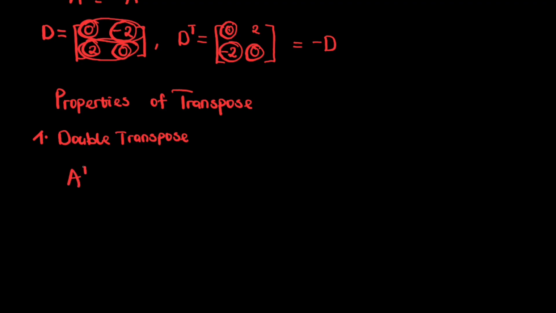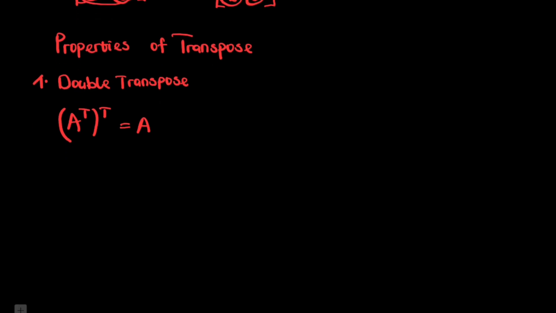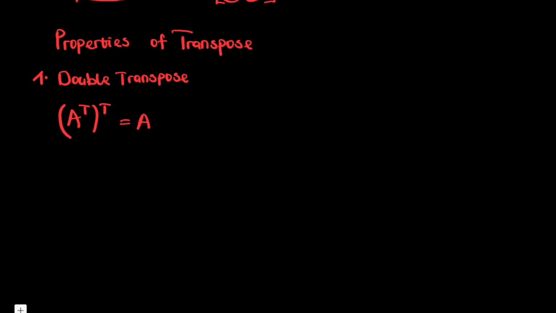If you take the transpose of a matrix and you take the transpose of that matrix, then it gives you back the original matrix. Now let us see that. Let's have a matrix A, which is [1, 2; 3, 4].